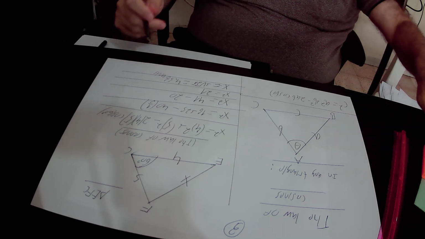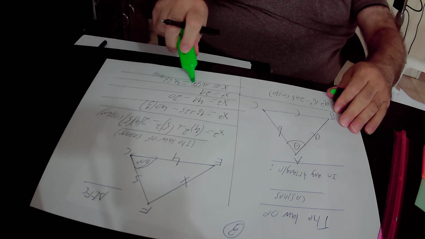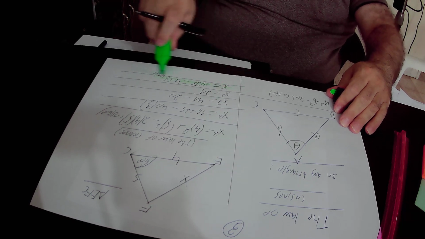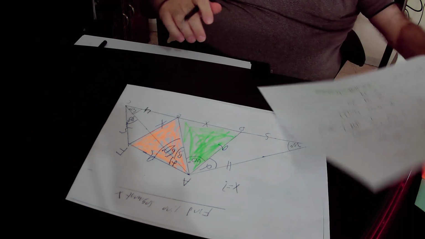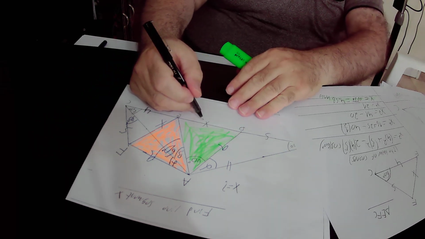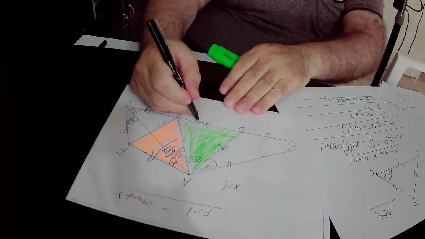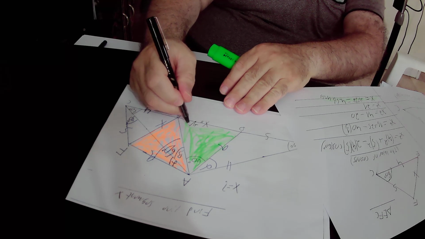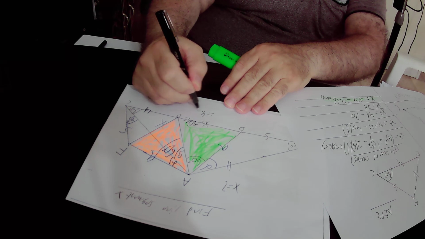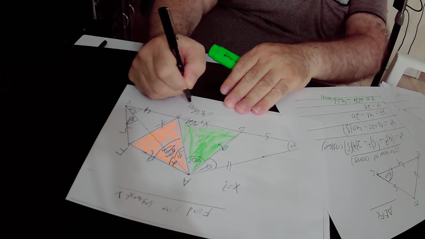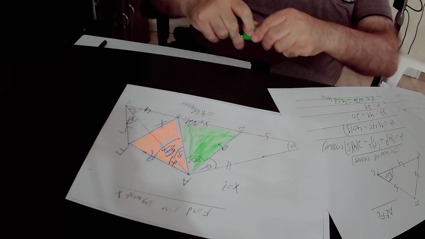Okay? So here x equals the positive square root of 21, or in terms of numbers it equals 4.58 units.